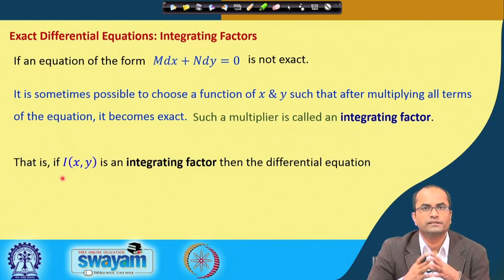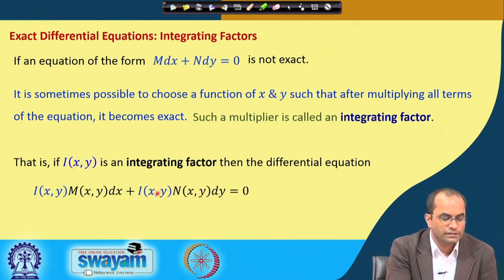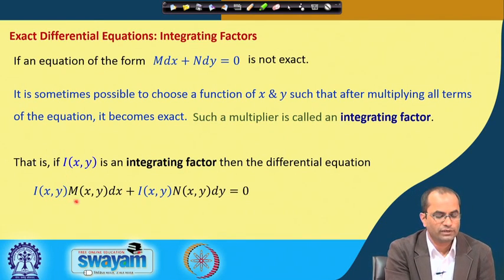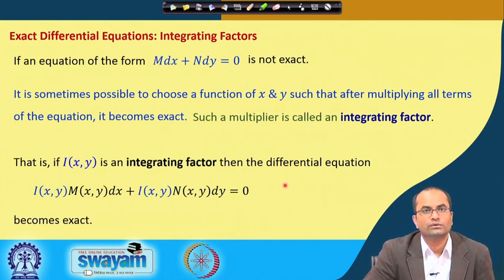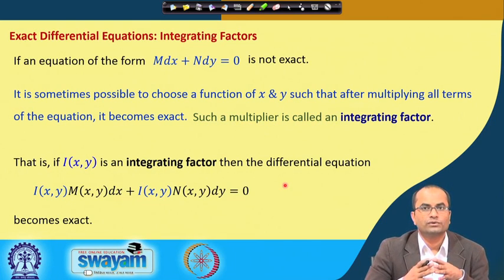If this is an integrating factor, then the differential equation I(x, y) M(x, y) dx plus I(x, y) N(x, y) dy equal to 0 becomes exact. And what is the advantage? The given equation is not exact, so it is difficult to find the solution.